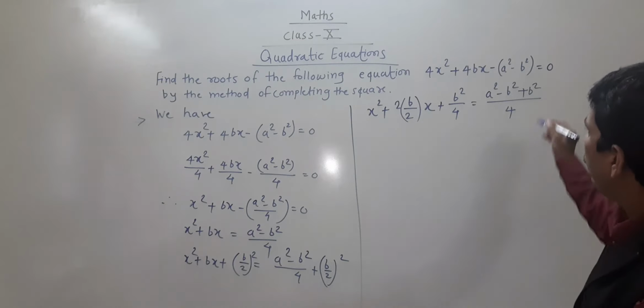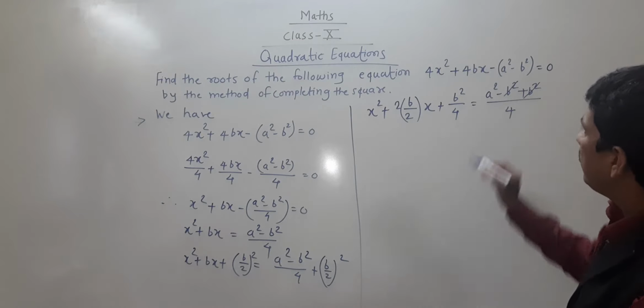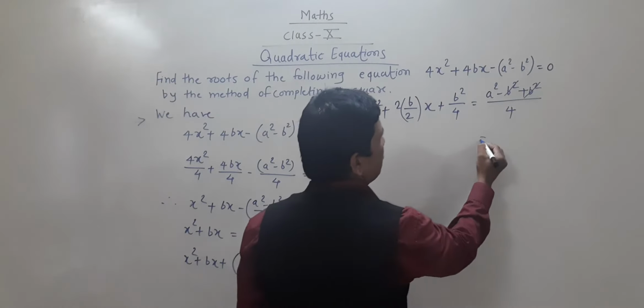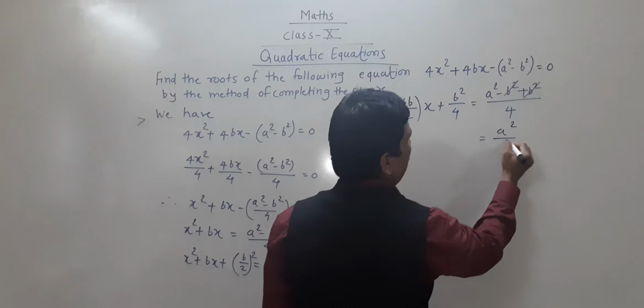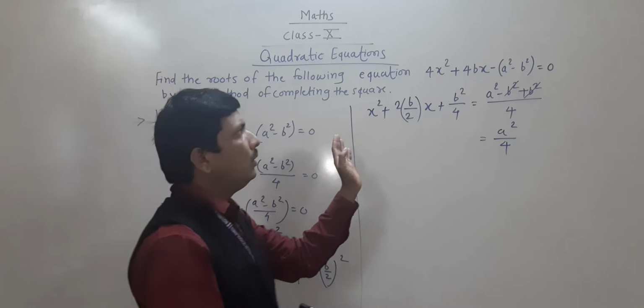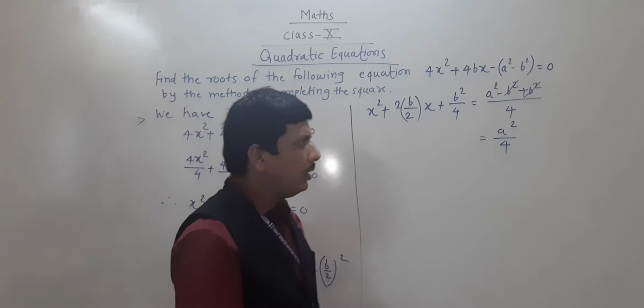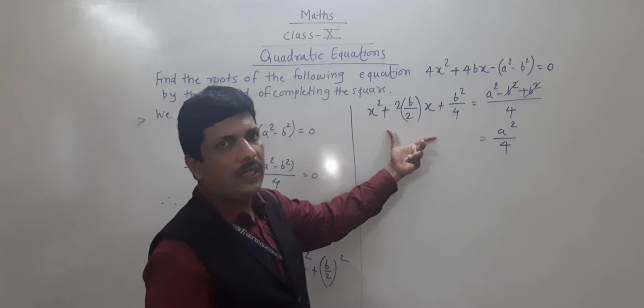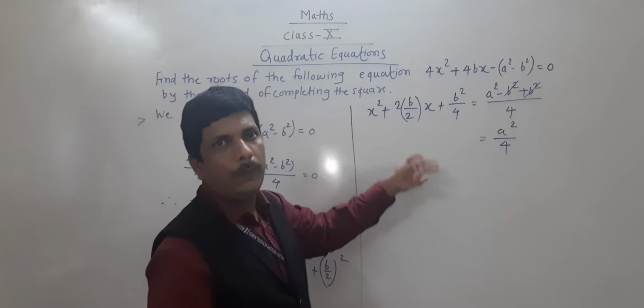Now b square gets cancelled, so what remains in the RHS is a square divided by 4. Now we need to think about the LHS. This is the expansion of (x plus b upon 2) bracket.